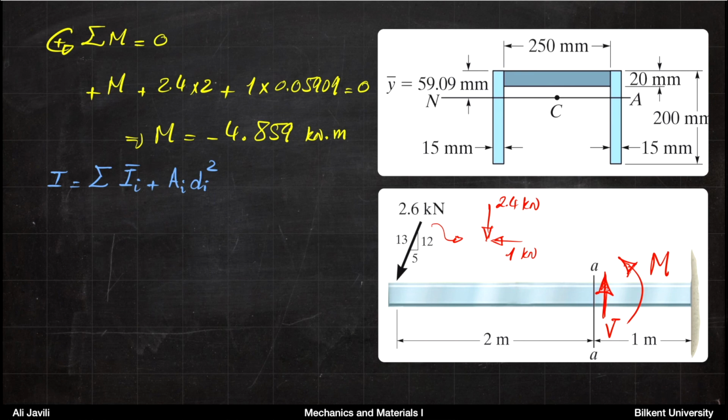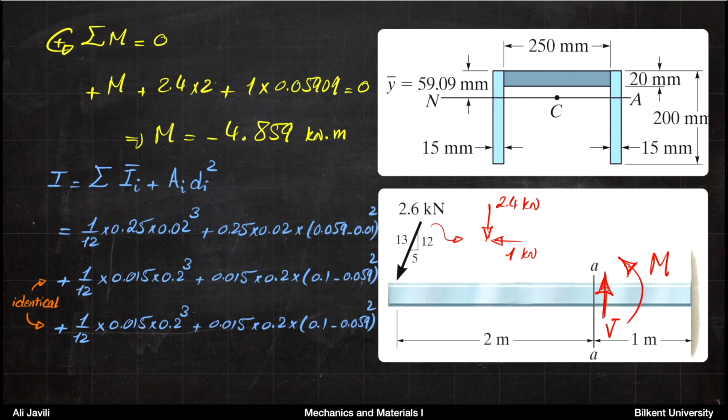So what you need to do is to sum up the moments of inertia of the components with respect to the neutral axis. So here you see the 3 parts. The last 2 are identical because they are for the left and the right parts, and they have the same moment of inertia with respect to the neutral axis. And the first line is the moment of inertia of this part with respect to the neutral axis.